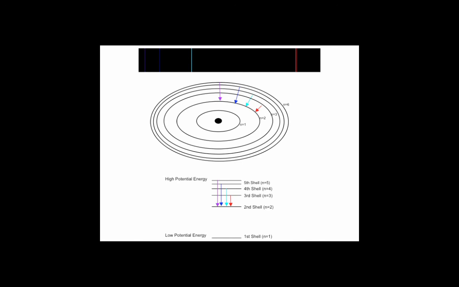It works extremely well for any one-electron system. However, it does not predict the wavelengths of the spectra that we observe for any other elements. That's why we need a different model, and that model is the quantum mechanical model, which predicts the electron clouds, the probability of finding electrons in certain regions around the nucleus.